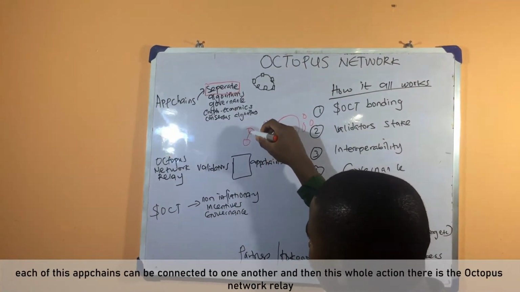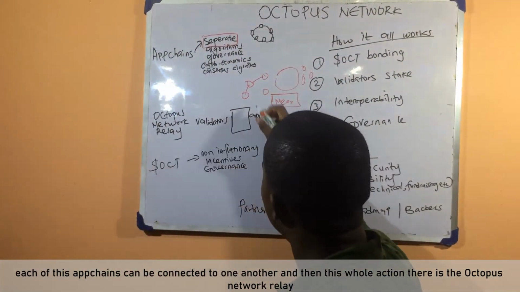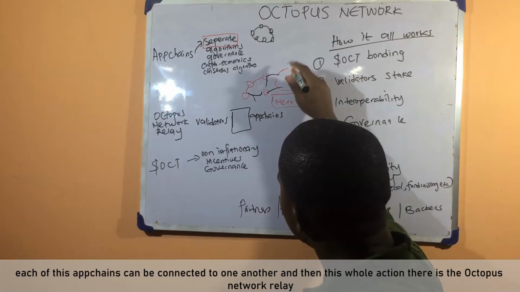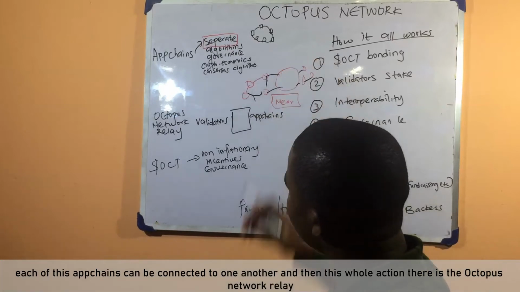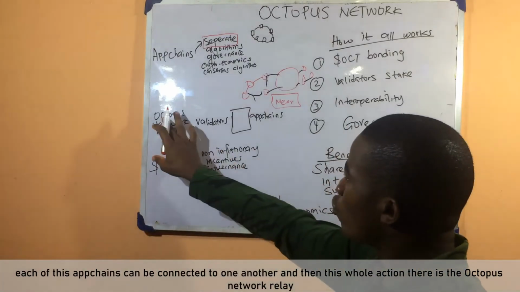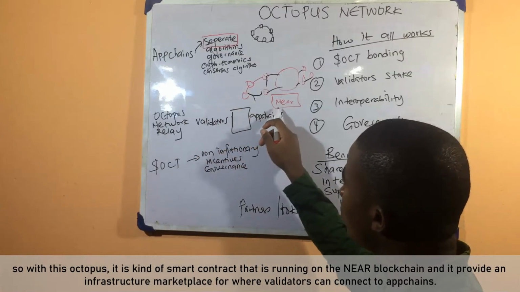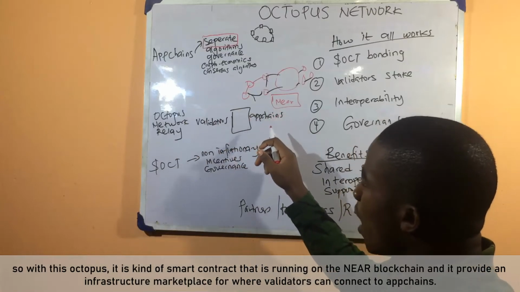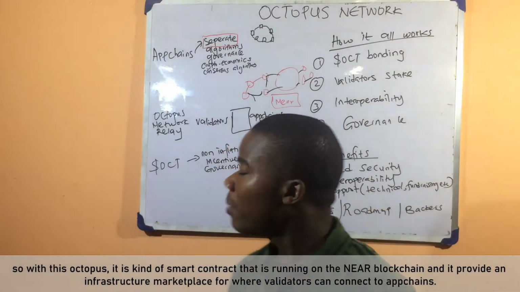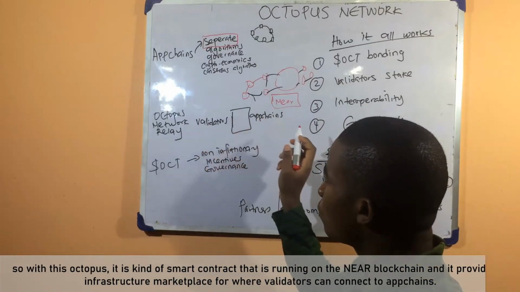Each of these Appchains can be connected. With this whole Appchain, there is what we call the Octopus Network Relay. Octopus is a kind of smart contract running on NEAR, and it provides an infrastructural marketplace where validators can connect to Appchains.